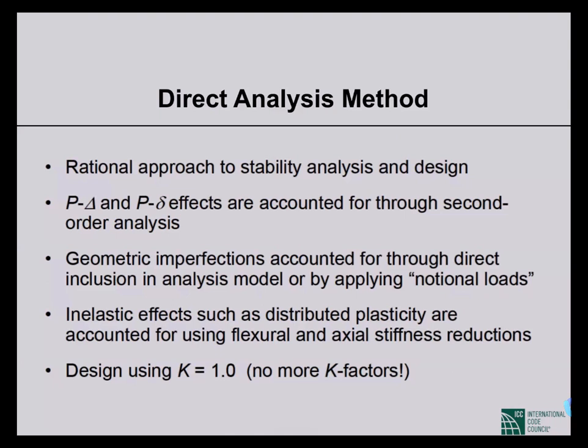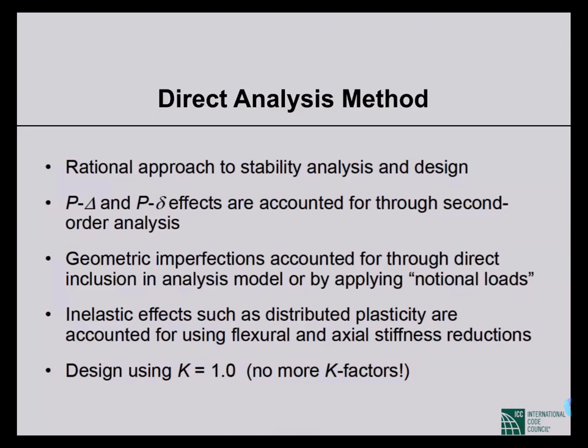And since we consider all the second order effects, and by that we actually get the buckling capacity, we don't need to artificially change the length using a length or effective length factor. So K is always 1. We don't need to worry about K anymore.